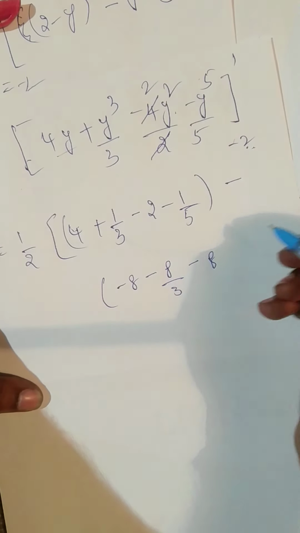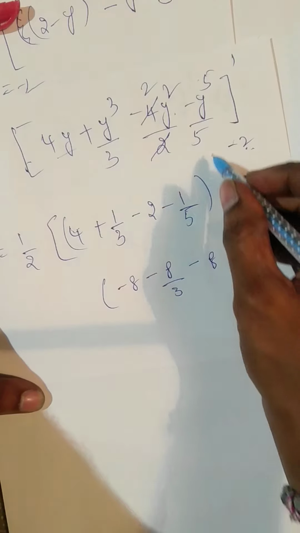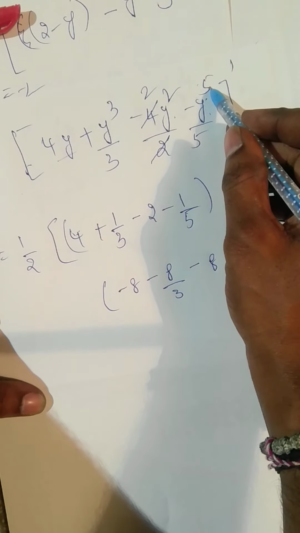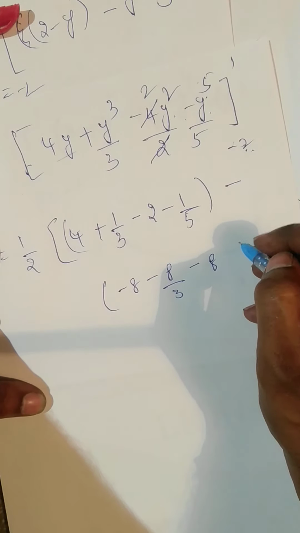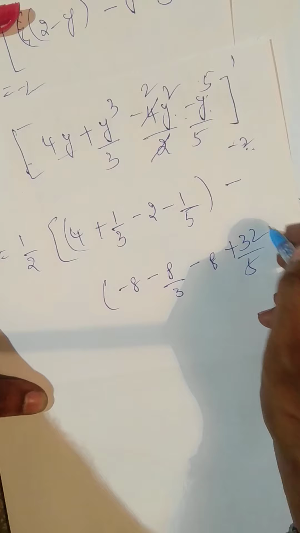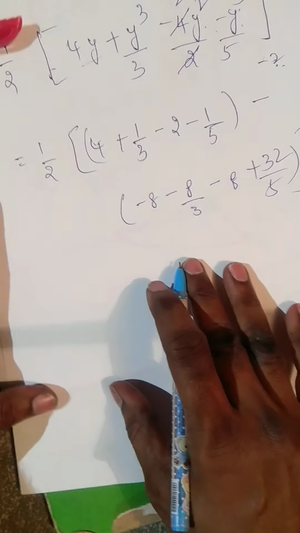Now minus 2 power 5 is minus 32, minus of minus, plus 32 by 5. Okay, these are the substitutions. Now upper limit minus lower limit, right?